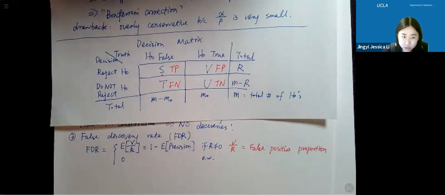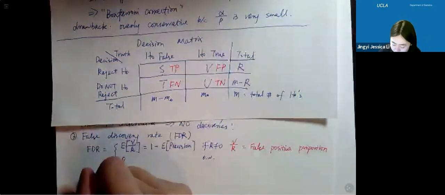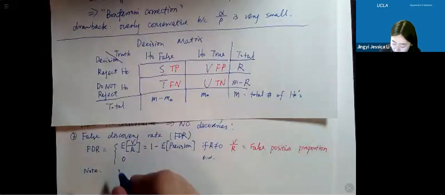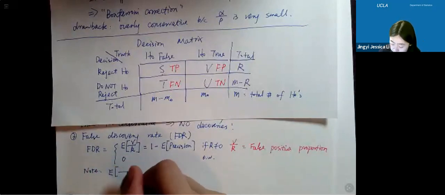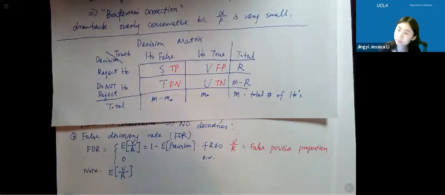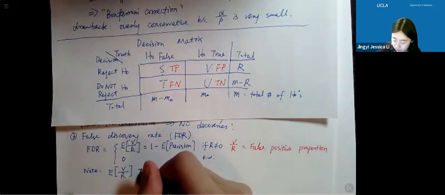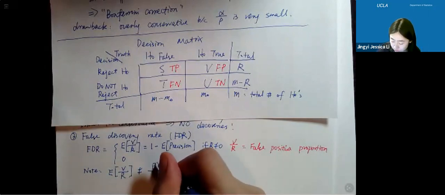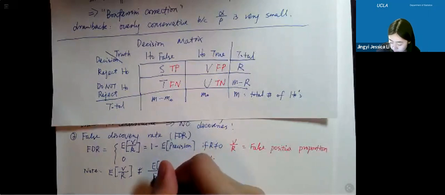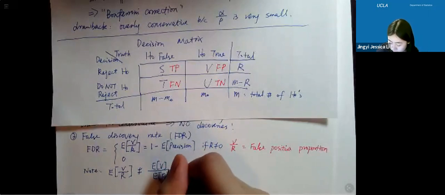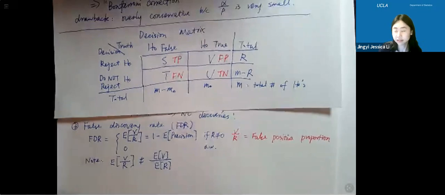So one thing to note about the definition of FDR, which is a very important property about expectation, just to say that for your information, is that the expectation of the ratio is not equal to the ratio of expectation. You can see why this is.